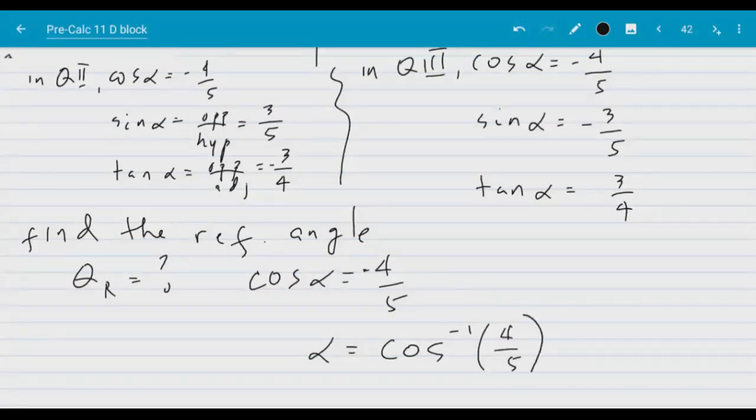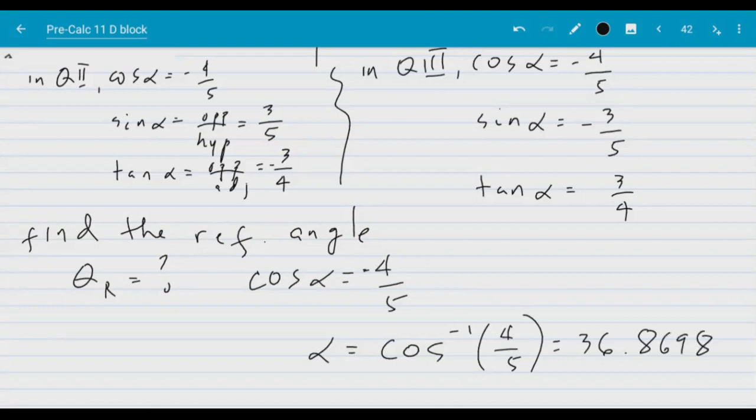What is the cosine inverse of 4/5? So let's see. I will use my calculator. 4 divided by 5 cosine inverse. I got 36.869 and so on. So that is about 36.8698. There's some more numbers.